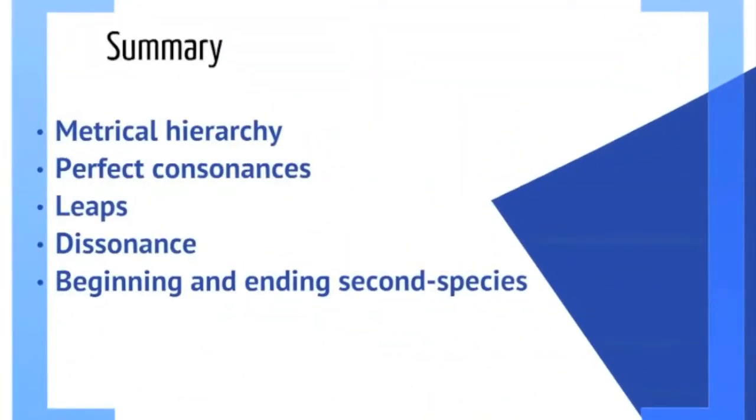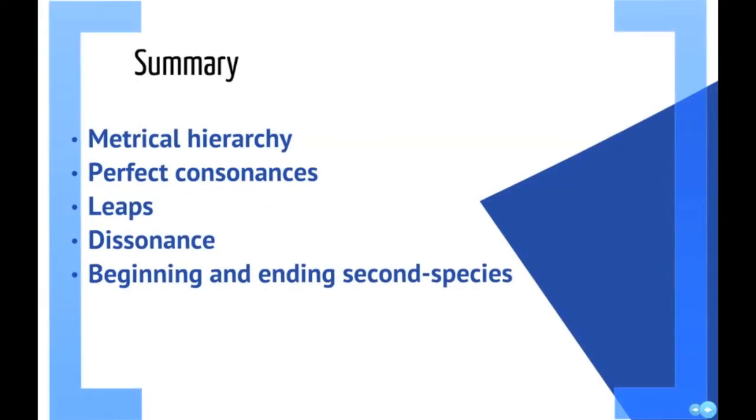So in a minute we're going to work through a couple of exercises, but first I wanted to take a minute to summarize what we've talked about today. One of the first and one of the most important things we talked about is this idea of metrical hierarchy that's created by these half notes. So we have the strong and the weak portion of the bar. We talked about perfect consonances and also leaps and how our treatment of those two elements has evolved in second species.